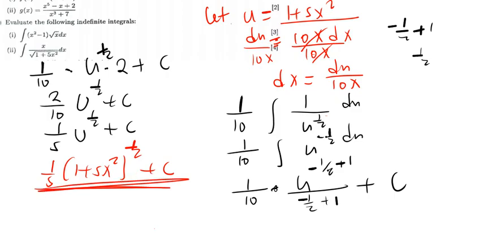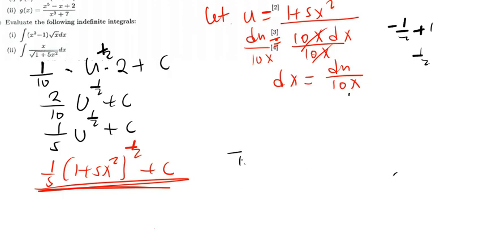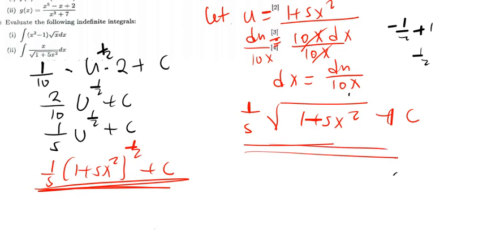If you don't want to end there, you can go ahead and say the final answer would be 1 over 5 times the square root of 1 plus 5x squared, then plus c. Because raised to the power half is basically the same as the square root.